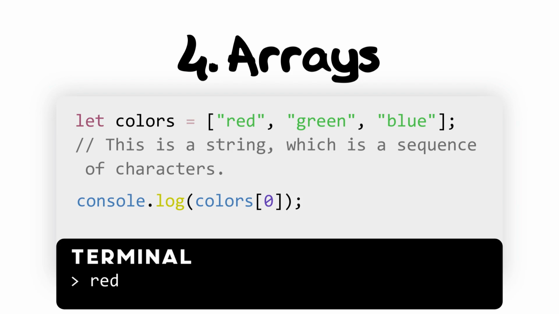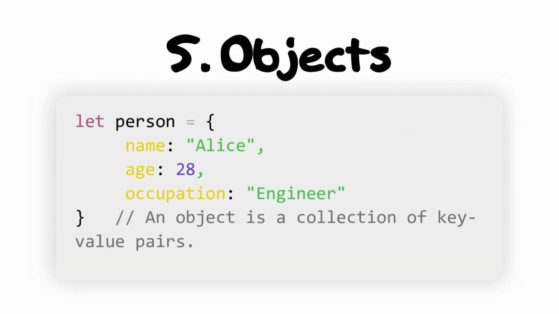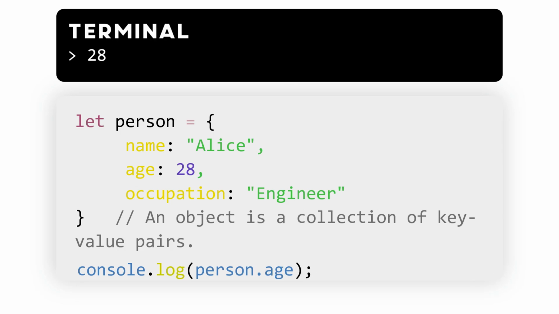So for example, red is 0 here, green is 1, and blue is 2. Finally, we have objects. Objects are written like this, and to print them, you add console.log person.name or .age or .occupation.